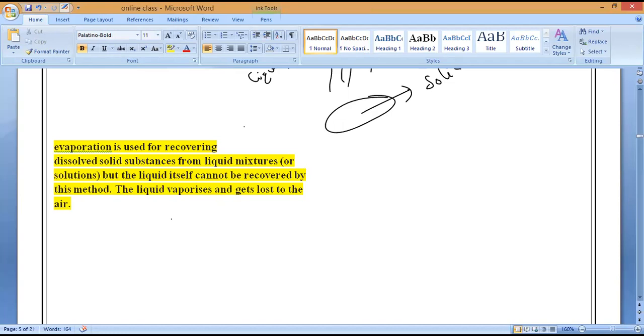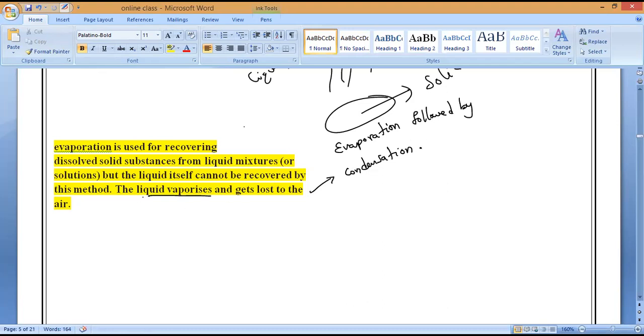Now let me see how many of you are smart. If I want to recover this liquid back, what technique do I have to use? Condensation, very good. So evaporation followed by condensation.